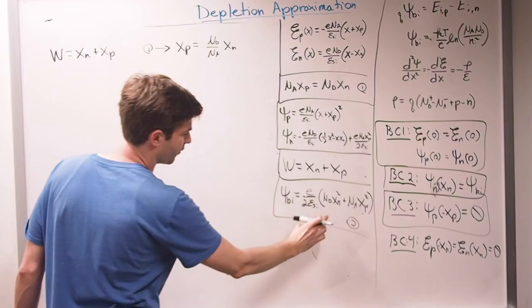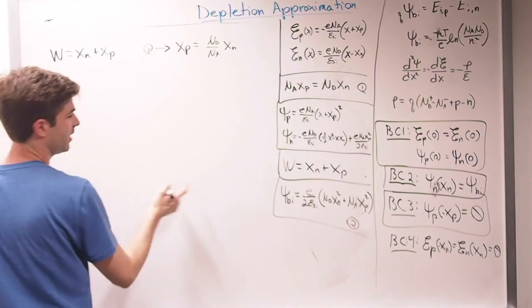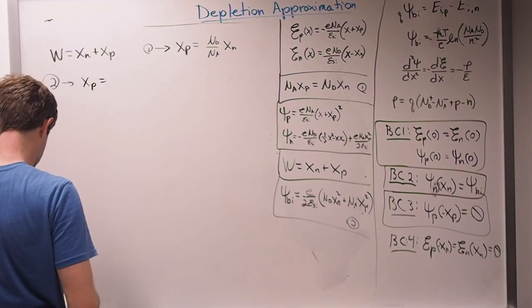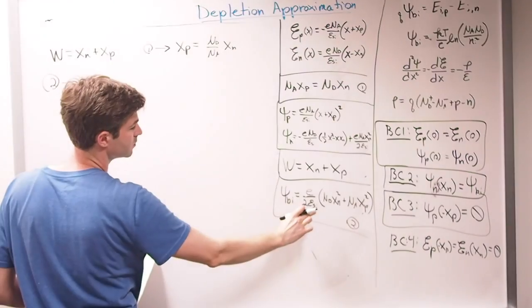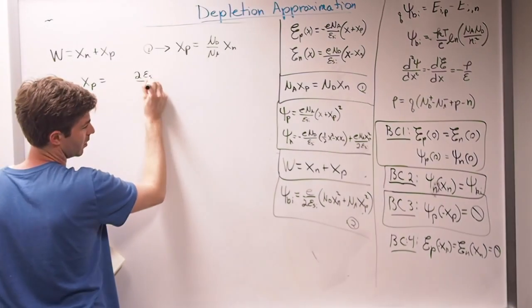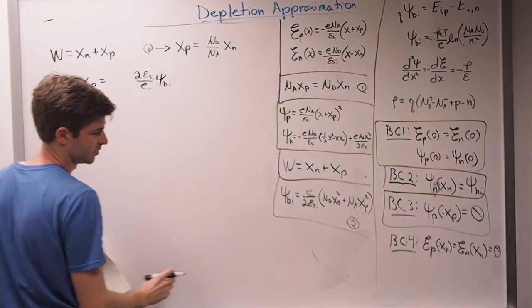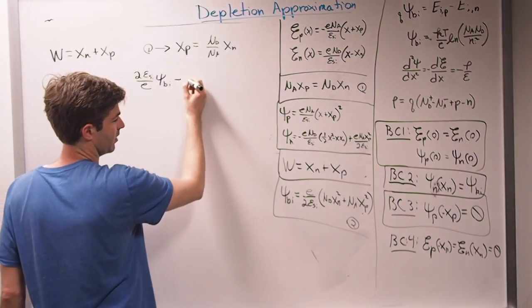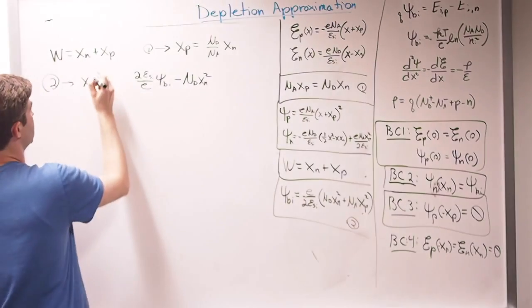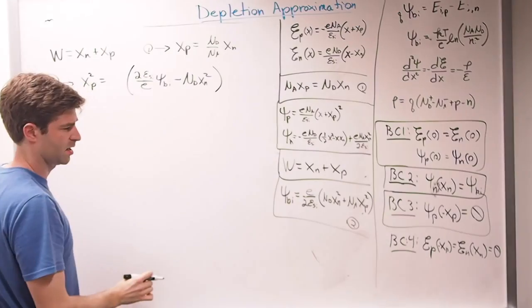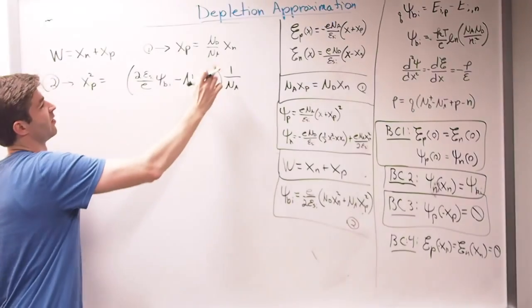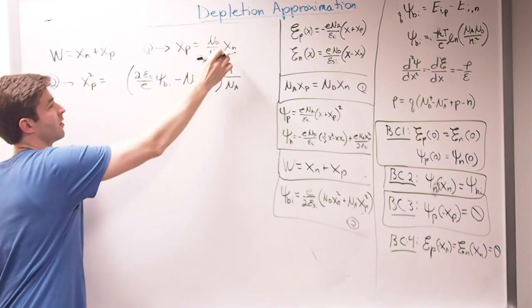And then I'm going to solve for x_p from equation 2. x_p is going to be equal to 2ε_Si over e ψ_bi minus N_D x_n squared, and I'm just going to leave this as squared, times 1 over N_A. So this term is equal to the square of this term.